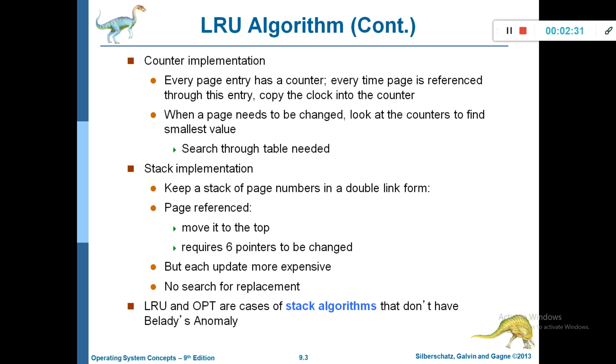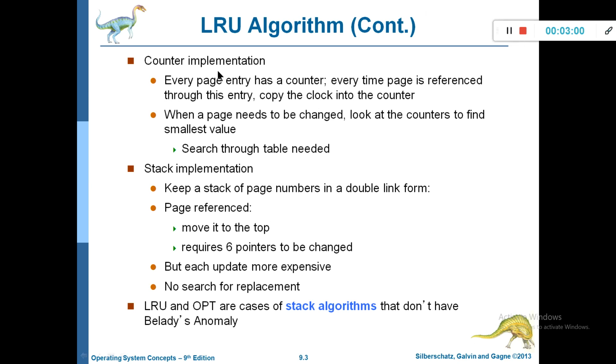To implement this we are going to use different methods: first counter implementation, second stack implementation, and third reference bit. Fourth, we are going to use the second chance algorithm, enhanced second chance algorithm, and counting algorithm. These are the different methods for implementing the LRU page replacement algorithm.